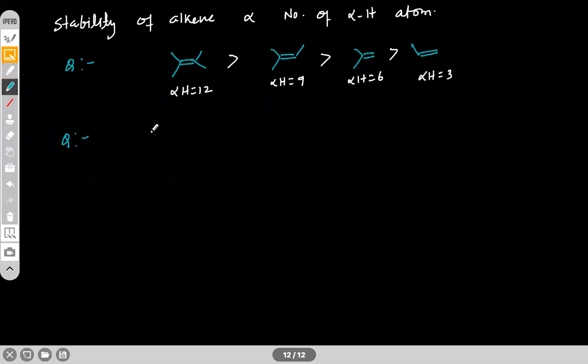Okay. For example, compare the stability in this one and this one.